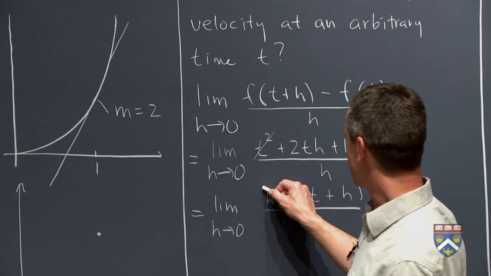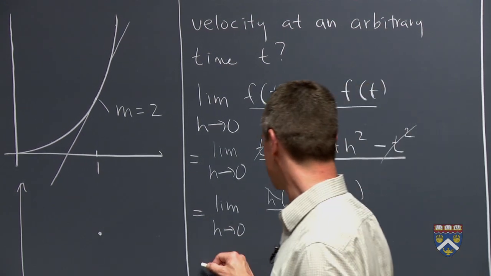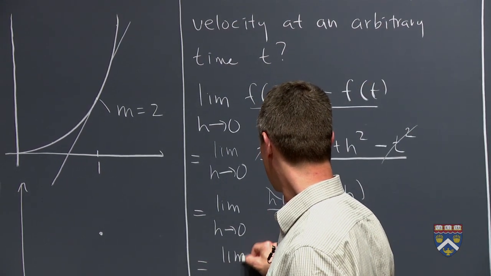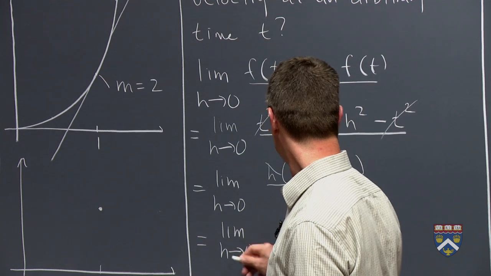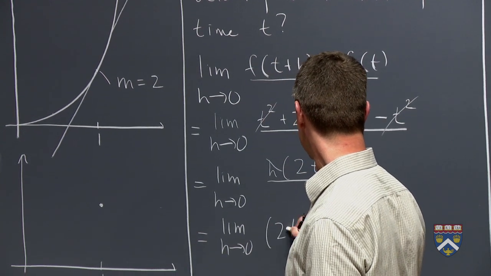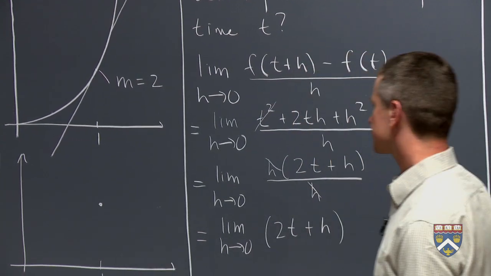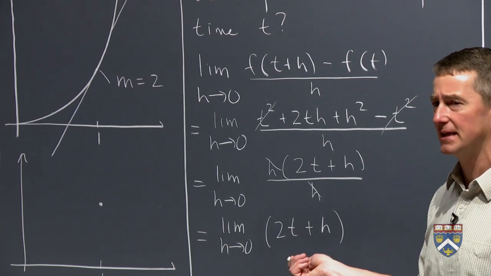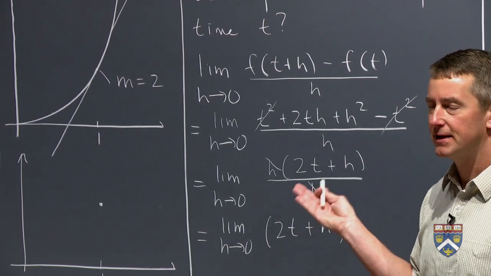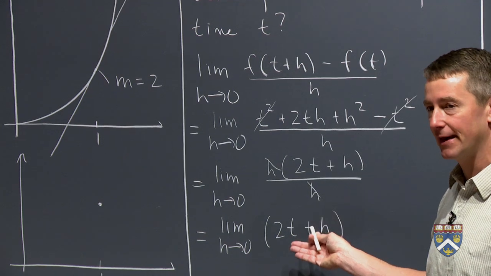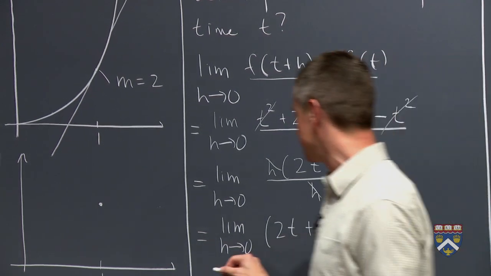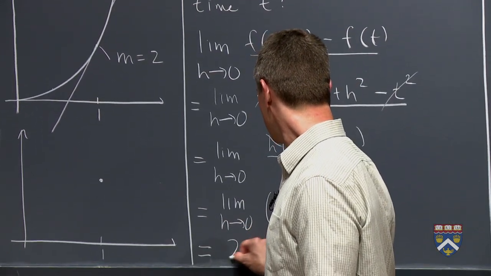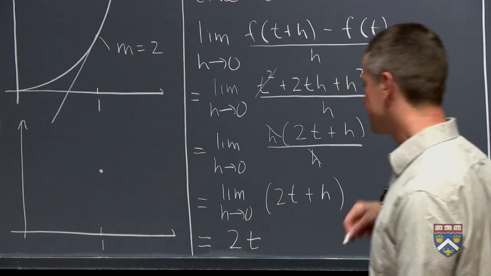But because we were able to factor that out, they cancel. And so now we have the limit as h goes to 0 of 2t plus h. So you should ask yourself, as h gets very, very small, what happens to 2t? 2t doesn't care what h is doing because 2t doesn't have any h's in it. So 2t just stays as 2t. But this h goes to 0.